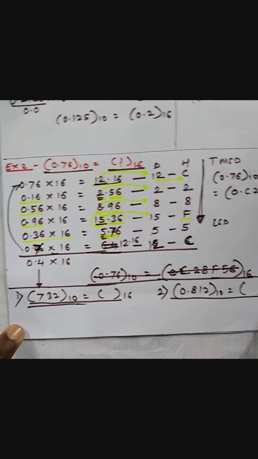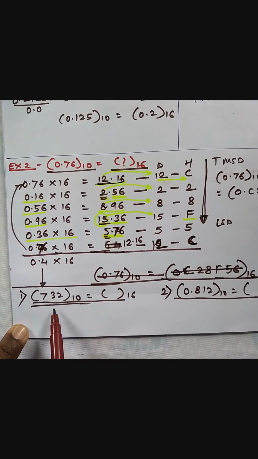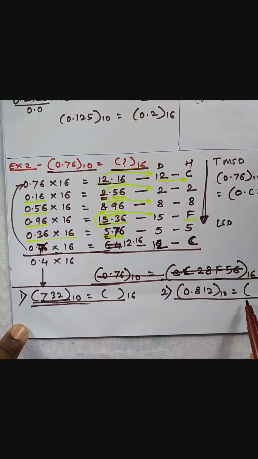You can note down these examples and try to solve them. I'm very happy that a few students are actually trying to solve them and posting the correct answers, so thank you for that. Now you can go for these numbers and try to convert this decimal into its equivalent hexadecimal number.